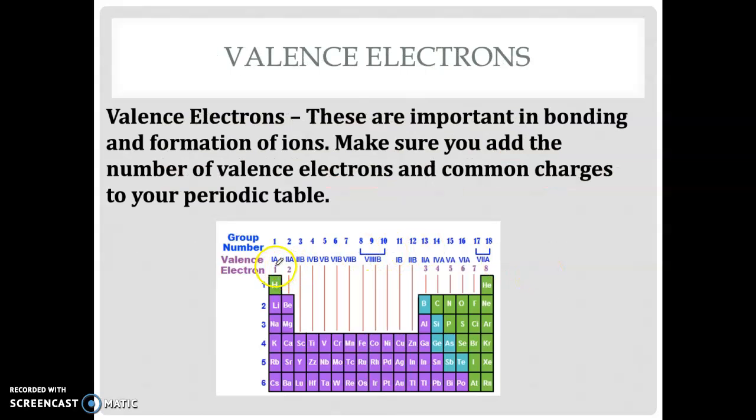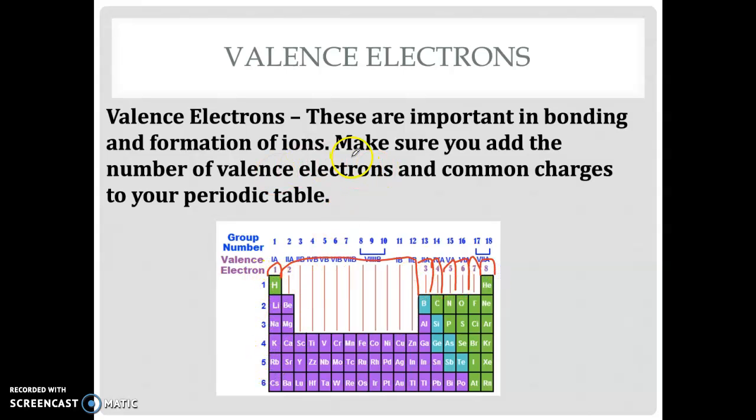So lastly, what I want you to do is go to your periodic table, because we're shifting gears a little bit here, and we're going to talk about valence electrons. These are outermost electrons. If you look at the periodic table, these are the blue ones here. We have group number, period number, and then valence electrons right here. So everything in the first column has one valence electron.